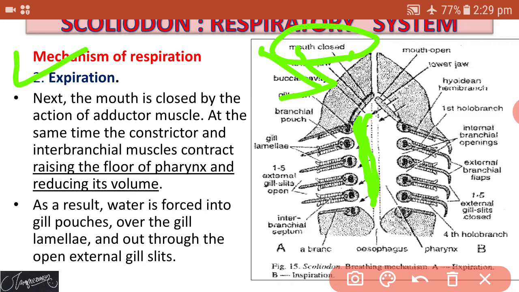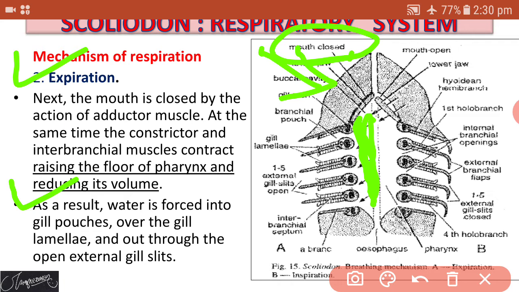At the same time, the constrictor and interbranchial muscles contract, raising the floor of the pharynx and reducing its volume. As a result, pressure is exerted in the buccopharyngeal cavity, and the water is forced into the gill pouches.